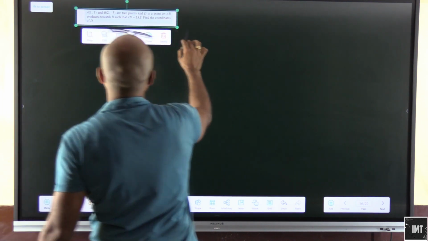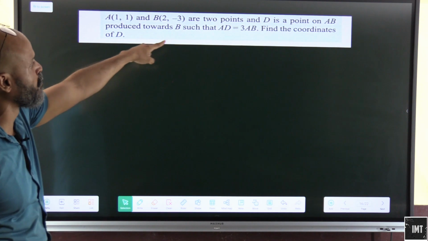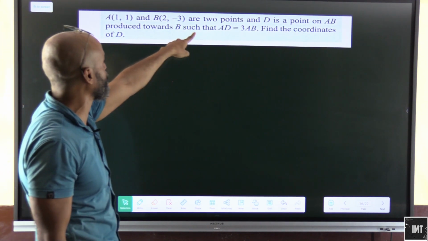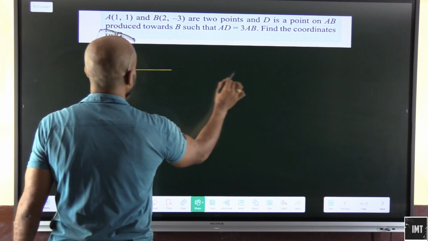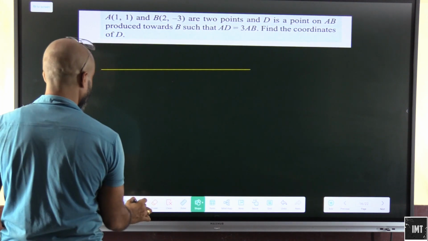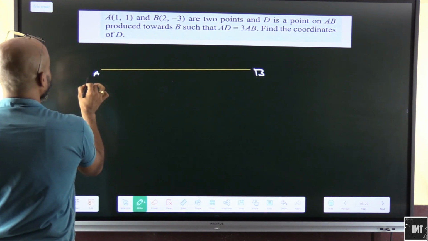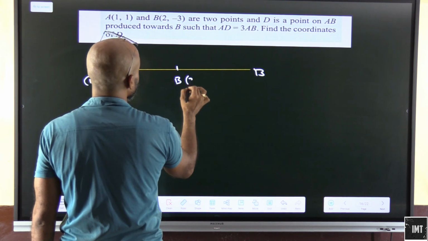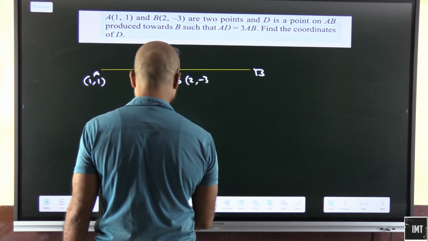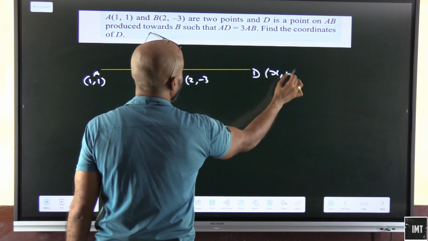A 1 1 and B 2 -3 are 2 points, and D is a point on AB produced on B. So this is basically a case of external division. We have here A and B. A is 1 1, and here we have B, that is 2 -3. D is somewhere here. Let's say the coordinates are x and y.